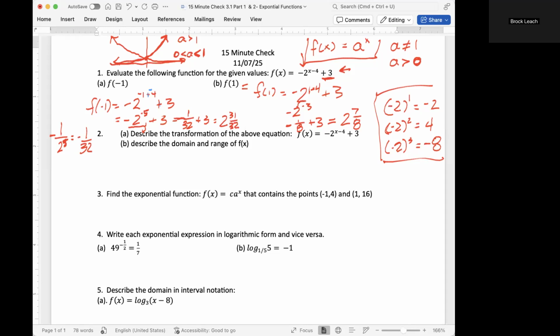So what we see is 4 is being subtracted from x, and then we're adding 3 to the exponential function negative 2 to the x minus 4. When we plug in a value for x, we evaluate it. First, since we're plugging in x, we subtract 4. We look at that power and the value, and then we add 3.